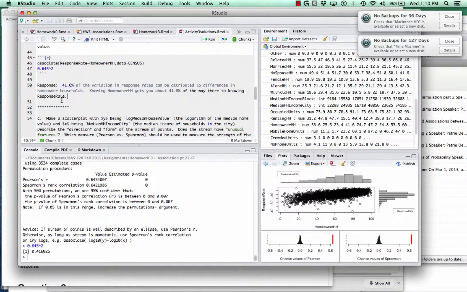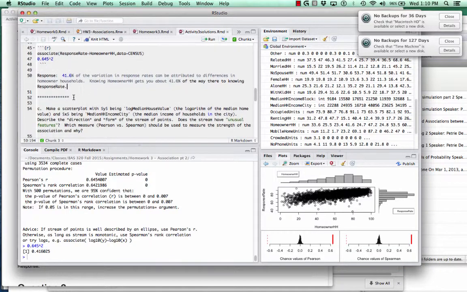So that's what that value is meaning. So pretty interesting. Once we know the fraction of households in a census block that are occupied by homeowners, we get about 40% of the way there to knowing the fraction of people in that census block that are going to respond to the census. And that's pretty big. That one single predictor actually tells us a lot about the response rate.